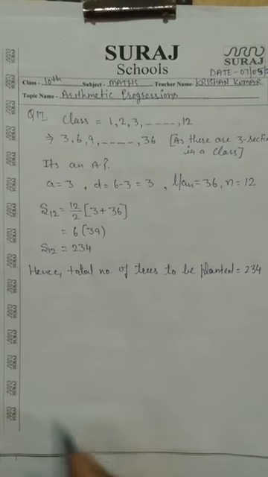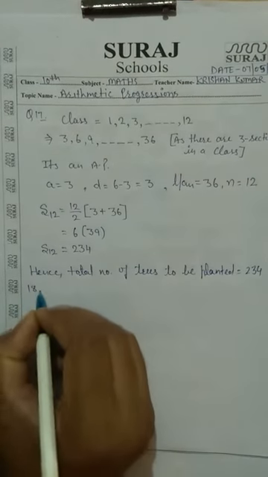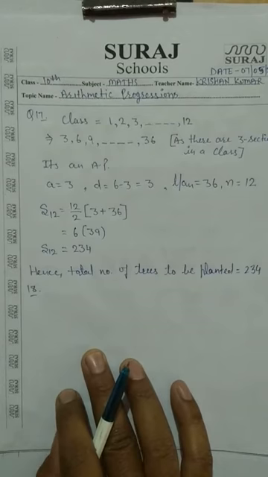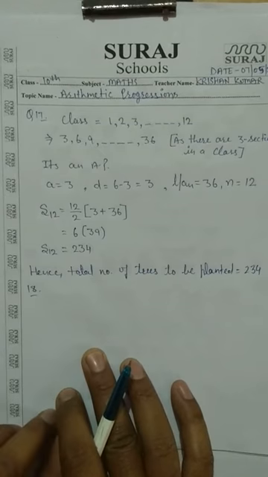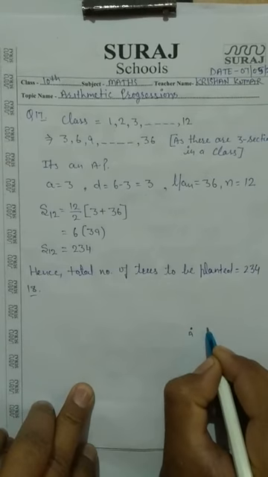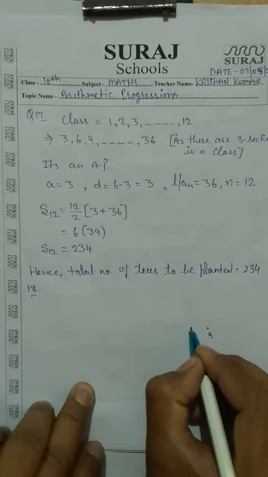Question number 18 says that a spiral is made up of successive semicircles with centers alternately at A and B. What has been said, beta? A spiral is made from successive semicircles, that is, continuous semicircles. With centers alternately at A and B, starting with the center at A. So beta, suppose that is the center A and that is the center B. So the spiral starts from A.